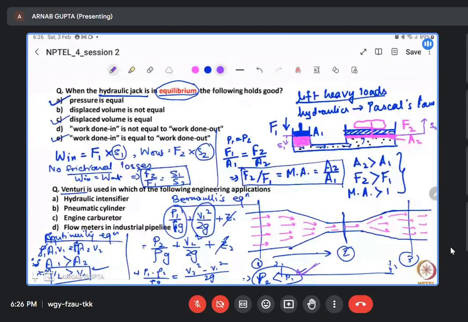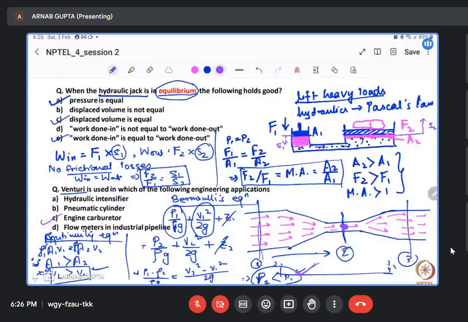So, in engine carburetor, we are using this application. Once the pressure at this section falls below the pressure over this section, we keep a oil bath here. Not oil bath, sorry. It contains the fuel. Fuel will be injected to this section because the pressure at this section will be lower.